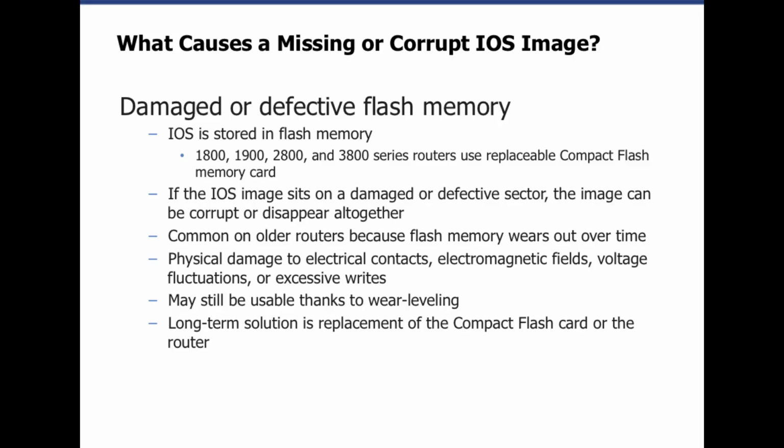Electromagnetic fields, perhaps from a lightning strike, can cause damage to the flash memory. Voltage fluctuations, such as a power outage or a power surge, can cause it. Even writing to the memory excessively can cause damage to the sectors. Flash memory has a limited number of times that it can be written to before some of those sectors start to wear out.